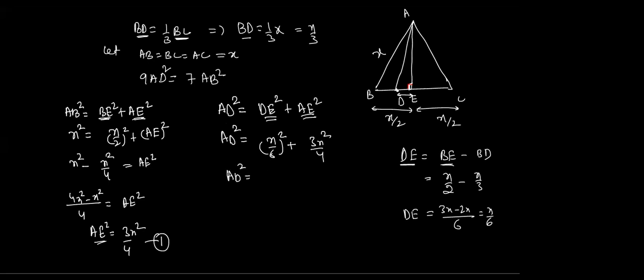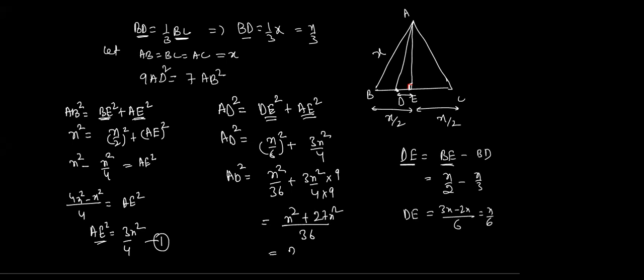So we get AD square is equal to x square upon 36 plus 3x square by 4 multiplied by 9, so that the LCM becomes 36, and here also with 9. So you will get 36 is equal to x square plus 9 threes are 27, 27x square.